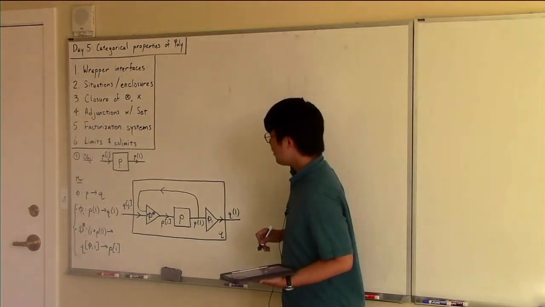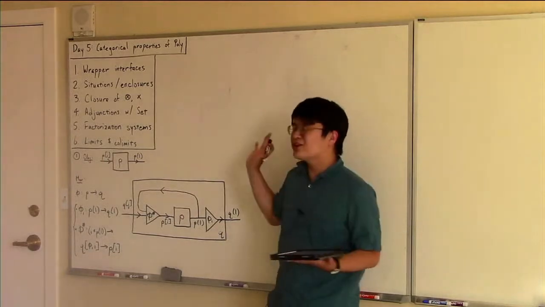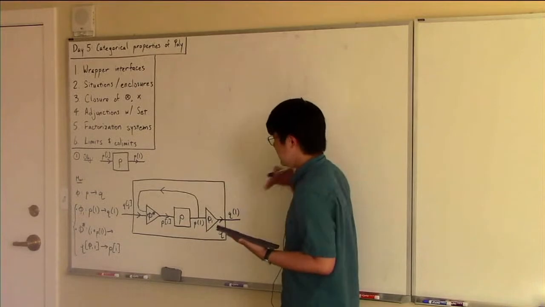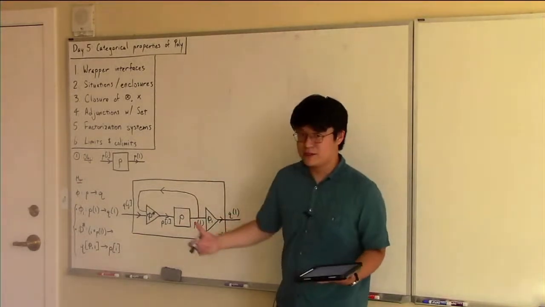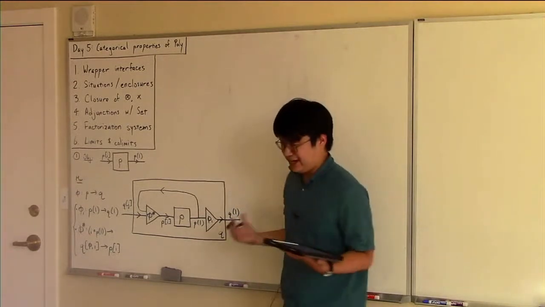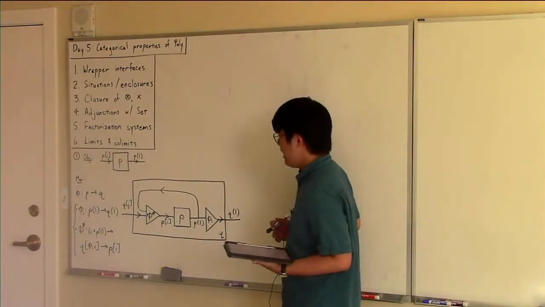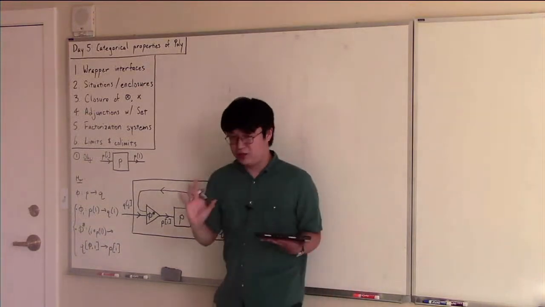Let's start with another way of thinking about polynomial functors and the morphisms between them, as a general way of thinking about dynamical systems and interfaces on them. David already alluded to this.